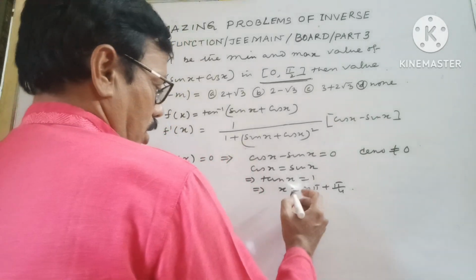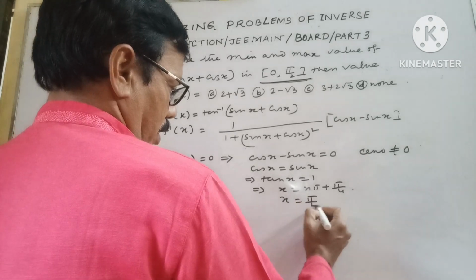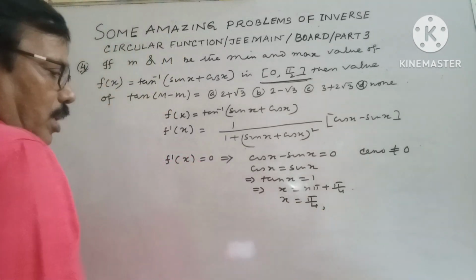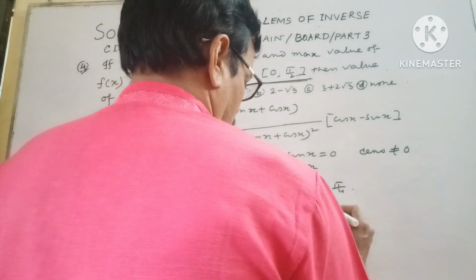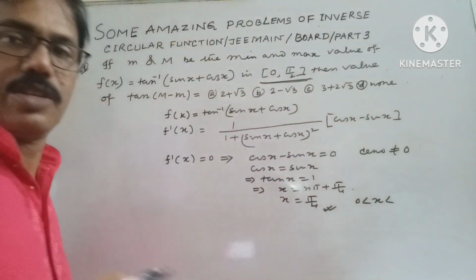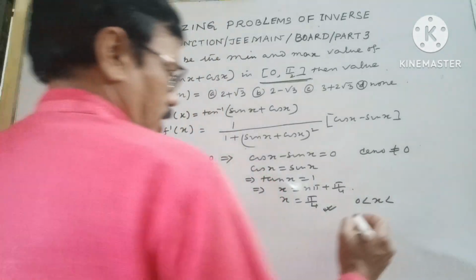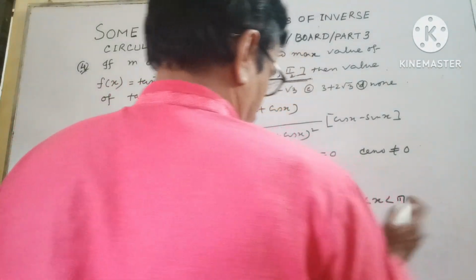Now, we are getting only 1 point, pi by 4, in the said restriction 0 to pi by 2.